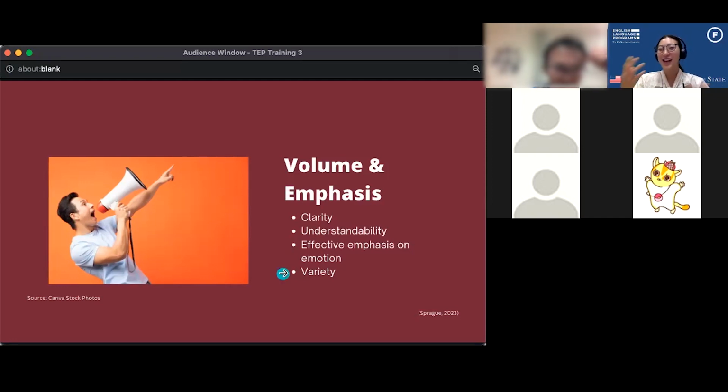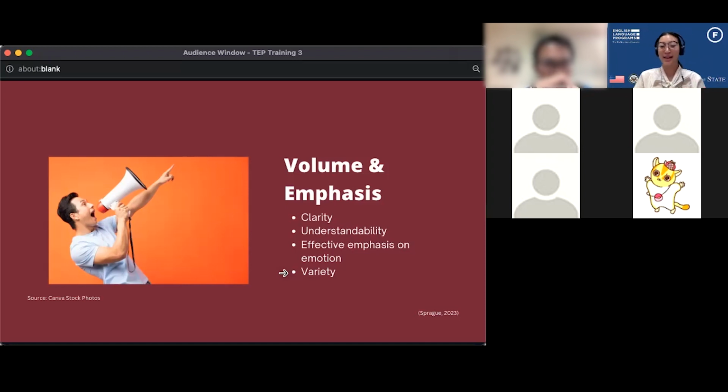It also adds variety, right? If I'm just talking like this at the same emphasis for every single word, this becomes very boring to listen to, and you don't know what is important to listen to, right? It's very hard as a listener to pick up what are the most important parts.